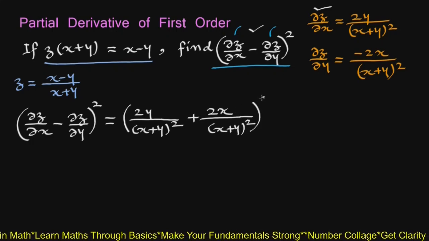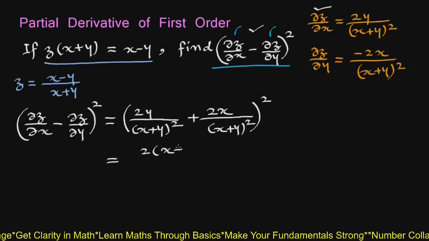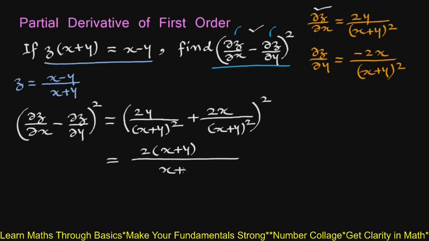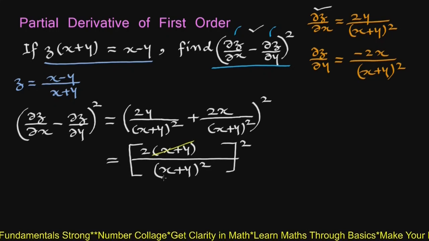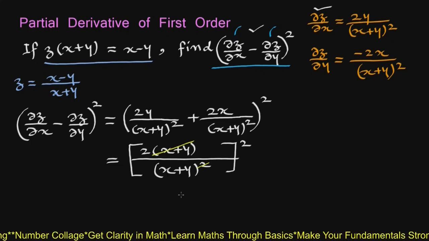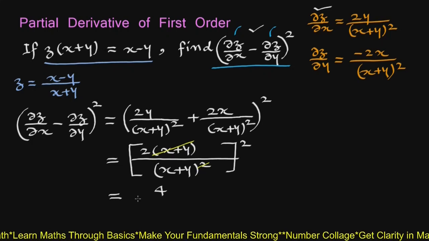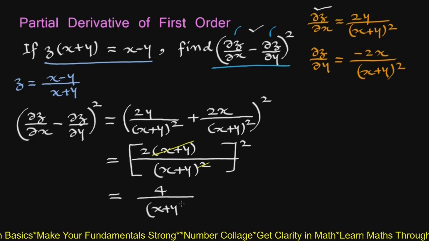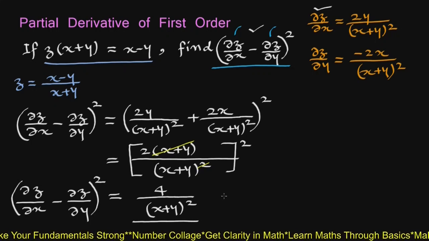And this whole square, this is 2y plus 2x, which is 2 times (x plus y), upon (x plus y) whole square, and this whole square. One (x plus y) cancels with one (x plus y) of (x plus y) whole square, and what we get is 2 square, 4 upon (x plus y) whole square. So this is the required value, 4 upon (x plus y) whole square.